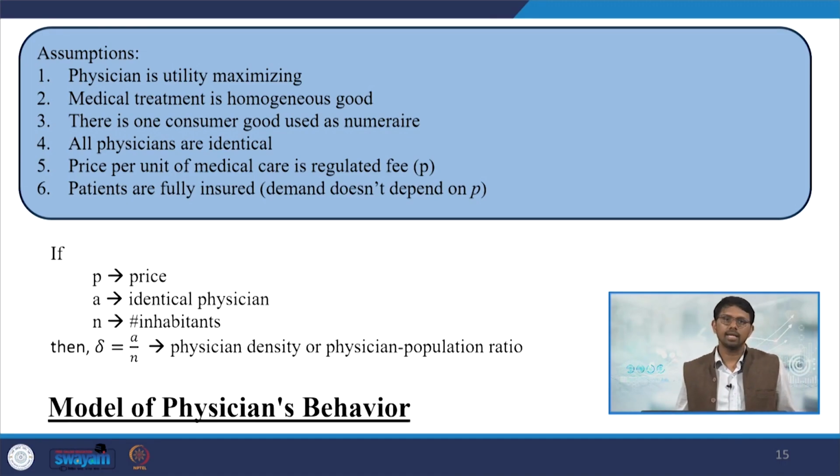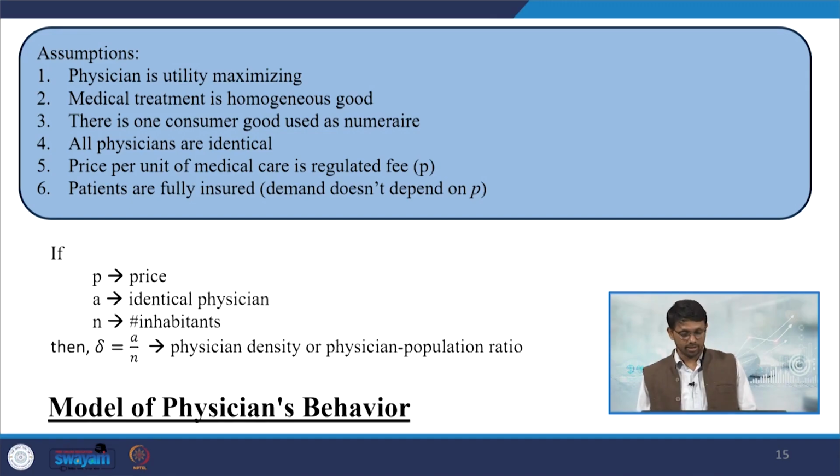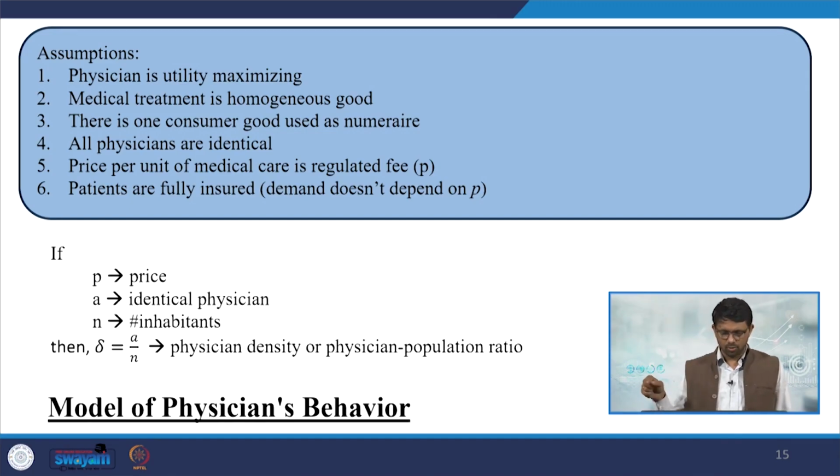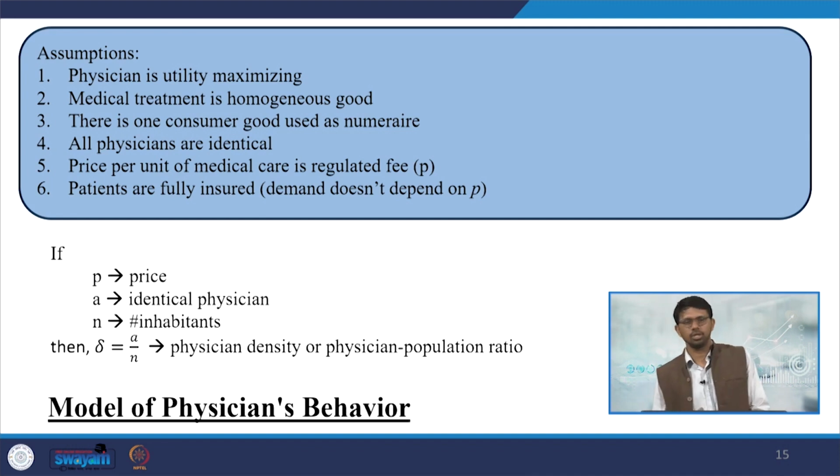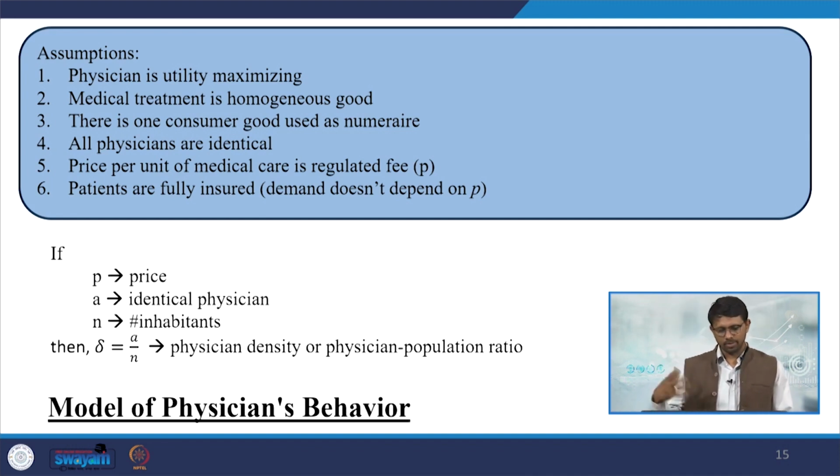All physicians are identical as per the assumption. The price per unit of medical care is regulated, with a regulated fee P. Patients are fully insured, so the demand does not depend on P. So the demand they are registering, higher or lower, is not really influenced by P. Hence, we can model physicians' influencing behavior or inducement behavior through this assumption.